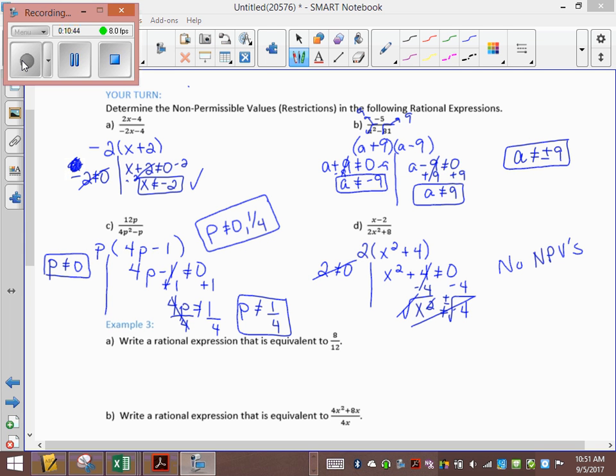So this 2x squared somehow would have to be a -8 in order for me to get an NPV, right? And it can't. That x squared is always going to give me a positive number. There's no way I could ever make this denominator 0 by filling in any value for x. So if there's no value of x I can fill in to make that denominator 0, then there's no NPVs. So it's kind of a trickery of a question.